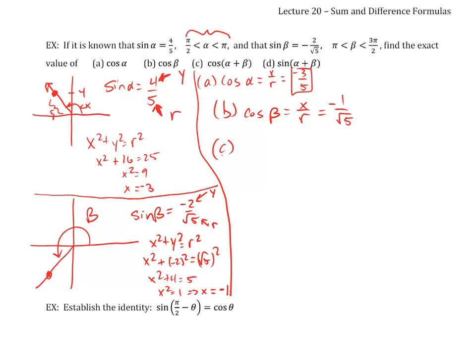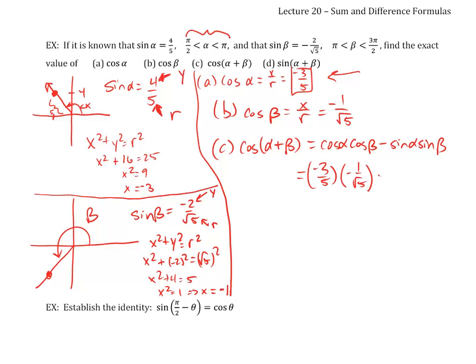Now for part C, we can use our formulas to expand this sum formula for cosine. That's cosine alpha cosine beta minus sine alpha sine beta, which would mean cosine of alpha, which we know to be -3/5 from here, times cosine of beta, which is -1 over square root of 5, minus, now sine alpha is given to us as 4/5, and sine beta is -2 over square root of 5.